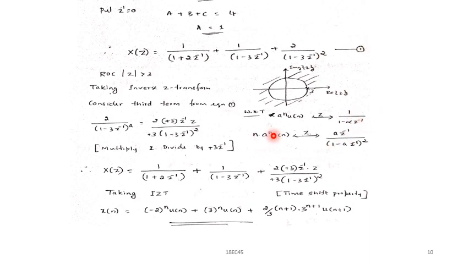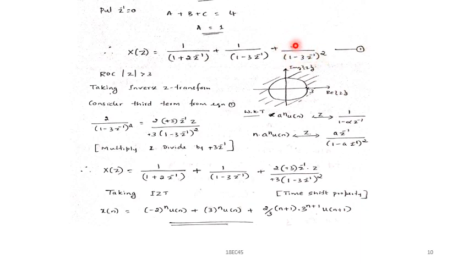Similarly, n into a to the power n u of n has z transform a z inverse divided by 1 minus a z inverse whole square, as you can observe in the z transform table.